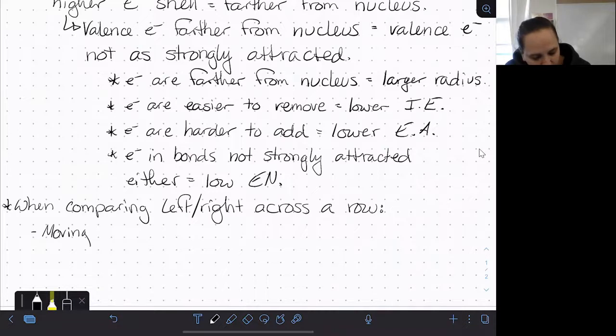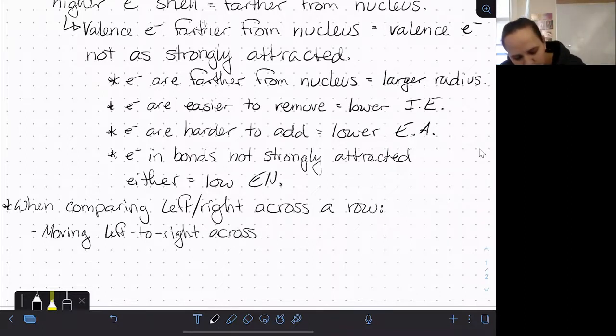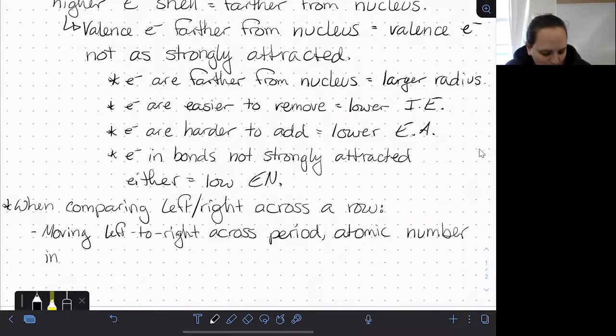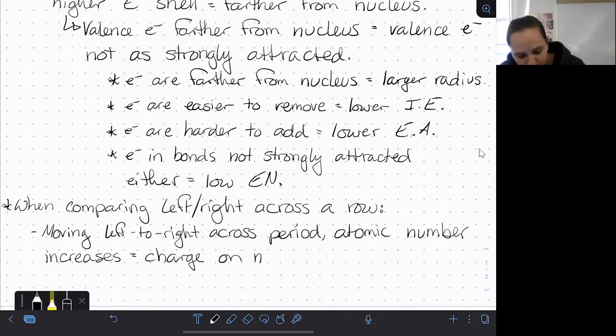So as you're moving left to right across a period, atomic number increases, which means the charge on the nucleus is increasing.